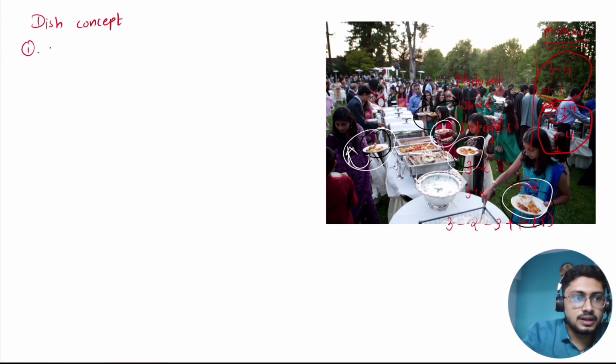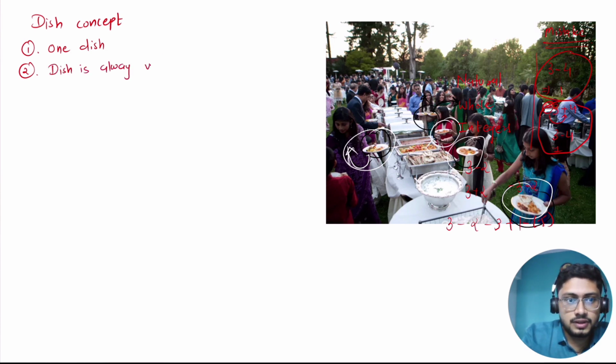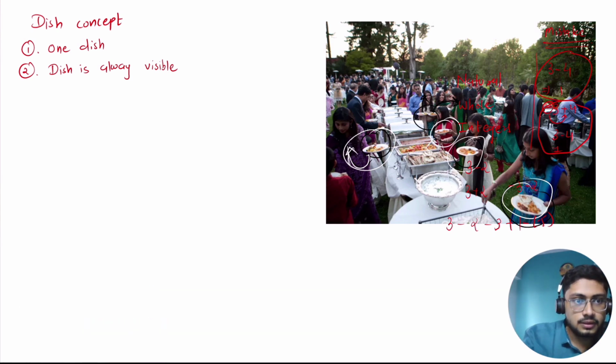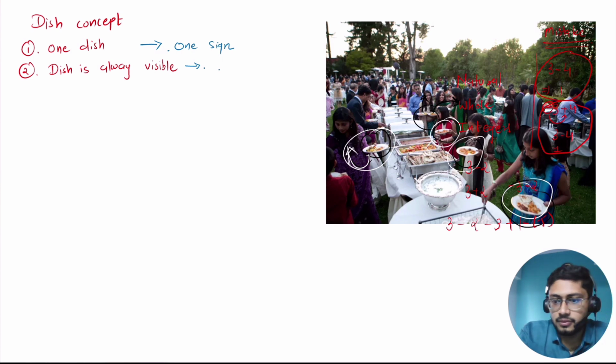Everyone is having one dish only, and the second is that it is always visible, which means it is in front of our eyes. So can I use this as: one dish means one sign, and always visible means before the number, not after the number, before the number.